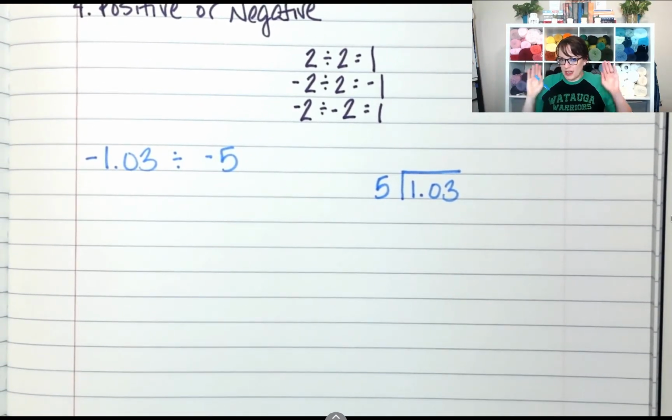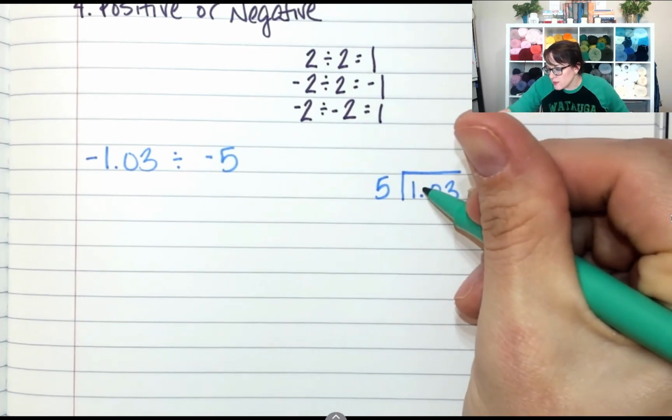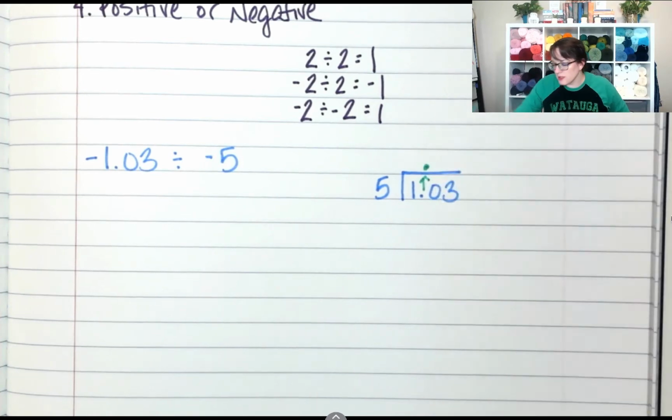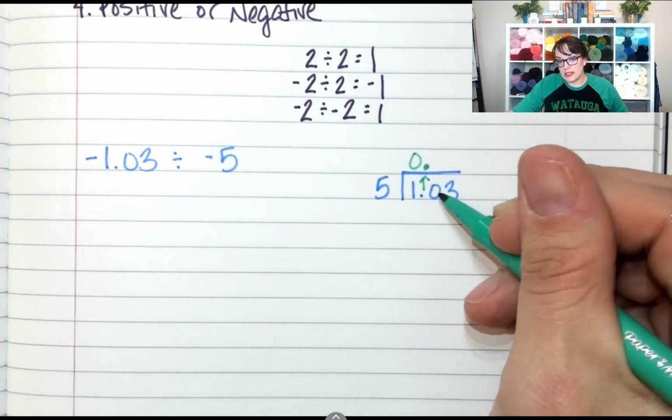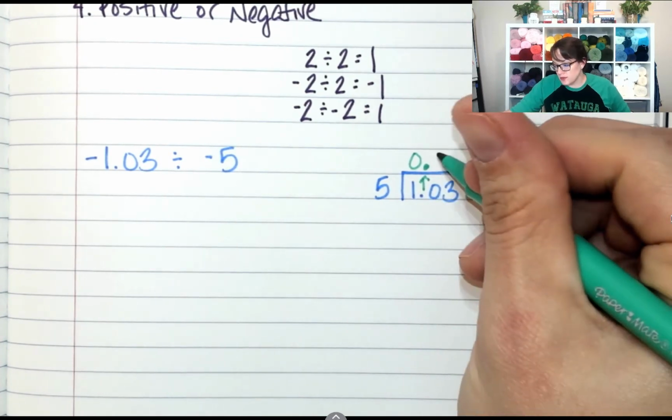So is there a decimal outside of the house? No. So we're not going to move our decimal at all. And when that happens, the decimal goes straight up where it was. And now we're going to divide around that decimal. Can 5 go into 1? No. Can 5 go into 10? 2 times.